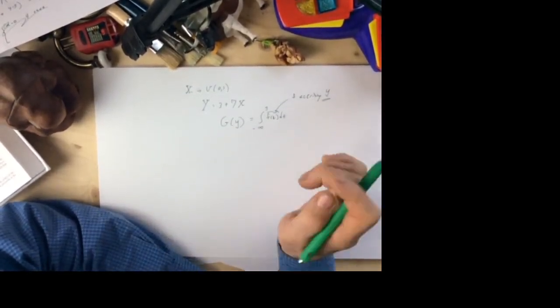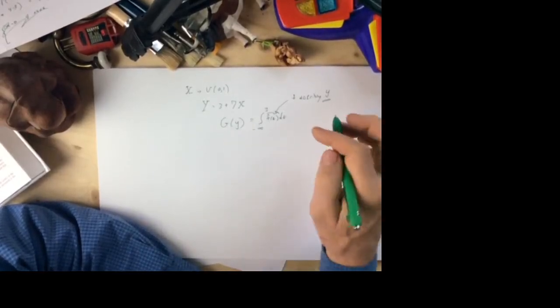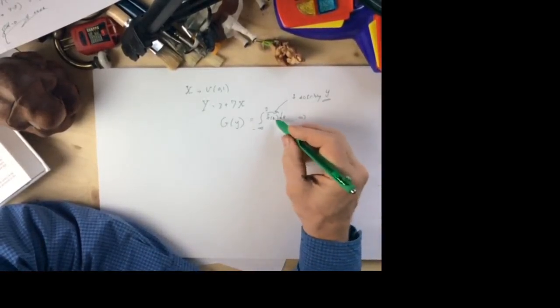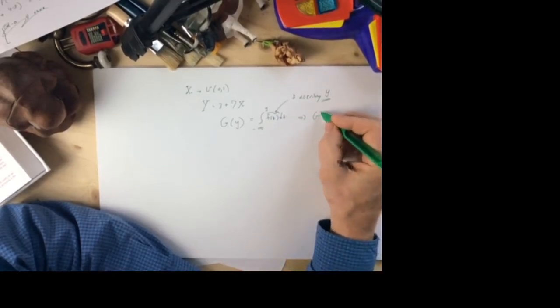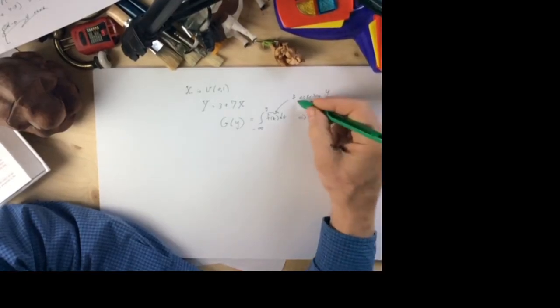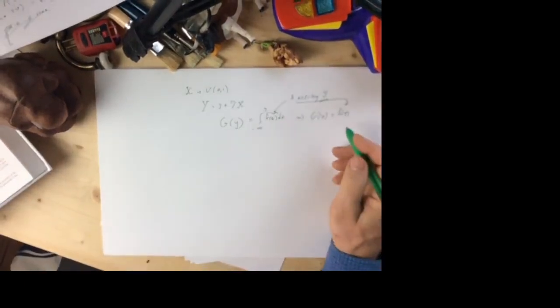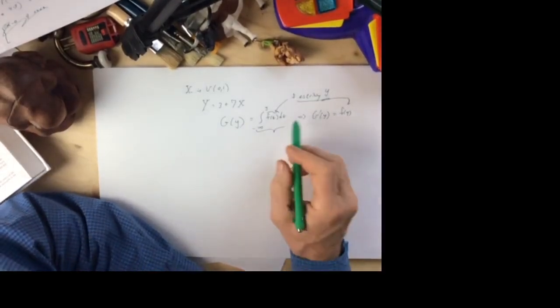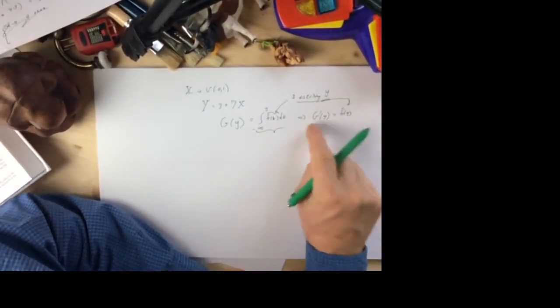But the beauty of the G of y is that I don't necessarily know this f of t, but the G prime of y will be f of y, and that will be the f describing y. So if I can calculate this integral without knowing f, I could take its derivative.